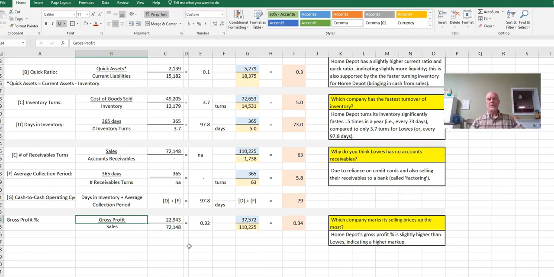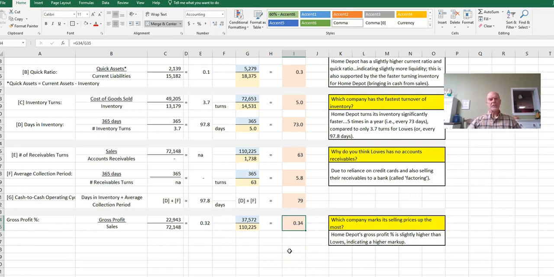So if you take the gross profit and divide by sales, it gives us an indication as to what is the average markup included in those sales prices. And the gross profit percentage for Lowe's is 32%, for Home Depot 34%. So it looks like Home Depot has a slightly higher markup in their selling prices.